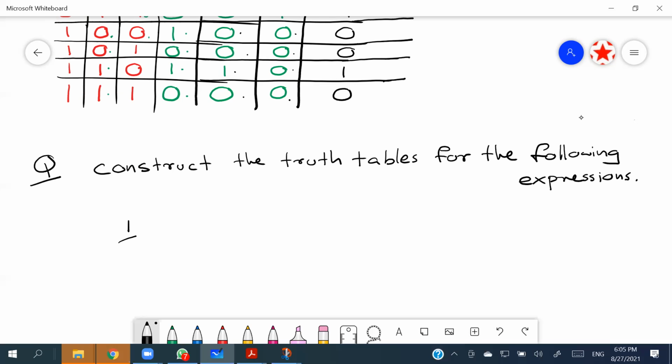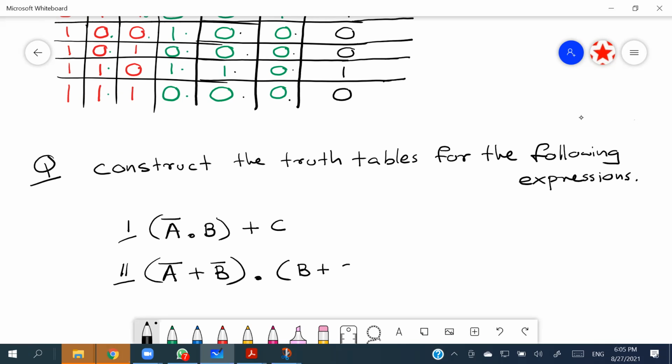So your first one is going to be a bar dot b plus c, right? So the second one is going to be a bar plus b bar dot b plus c.